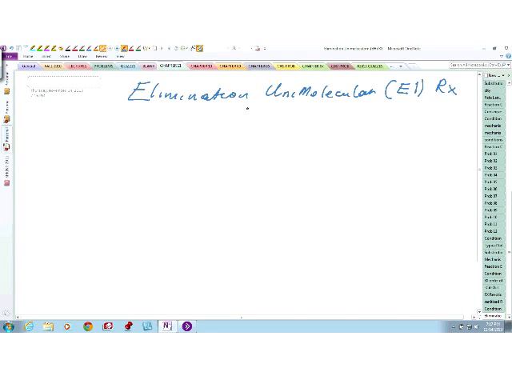Now the reaction mechanism would be similar to that of the SN1 reaction. The difference is this would be an elimination reaction. Both the SN1 and the E1 go through the formation of a carbocation. So let us try with this molecule here.